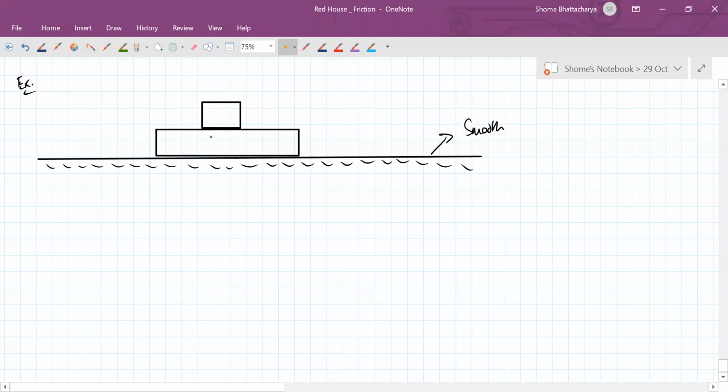Of course, there can be a situation where the ground is also rough, but this surface has a coefficient of friction of, let us say, 0.4. Our acceleration due to gravity is 10 meters per second square. M1 is, let us say, 5 kilograms, and M2 is, let us say, 15 kilograms, three times that.